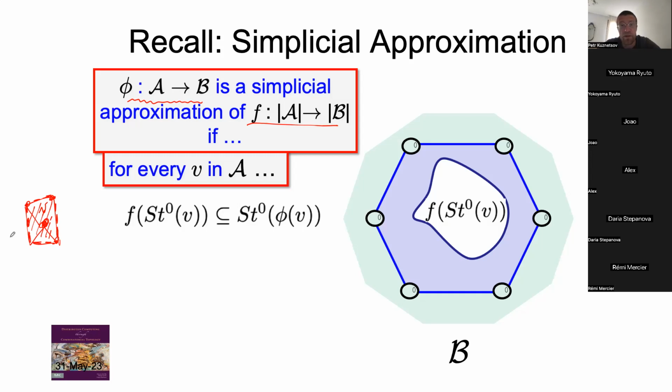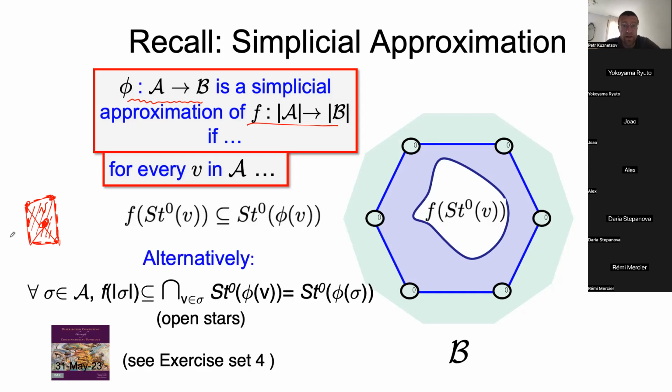Okay, so far so good. This is my definition of simplicial approximation. There is an alternative definition, which I give as an exercise to check. For any simplex sigma in A, now not talking about vertices but simplices, I take the image of F on the interior of the simplex.